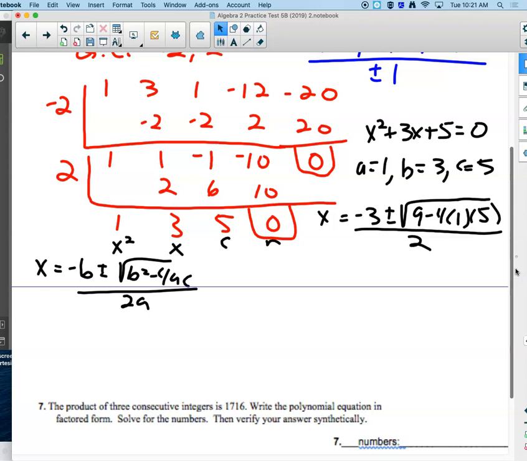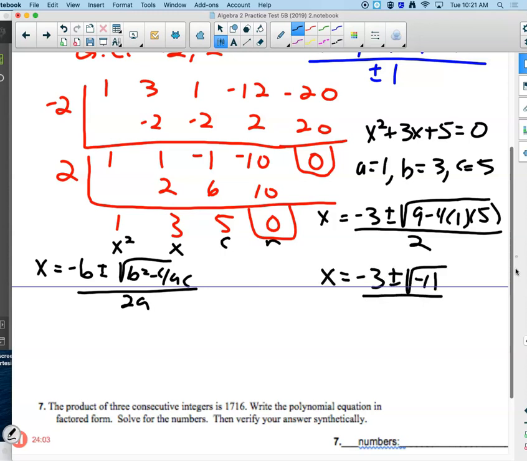So now, either in your head or with a calculator, you figure out 4 times 1 times 5, that's 20. 9 minus 20 is -11. Aha! It is imaginary. We just have to figure out how to rewrite the square root of -11.